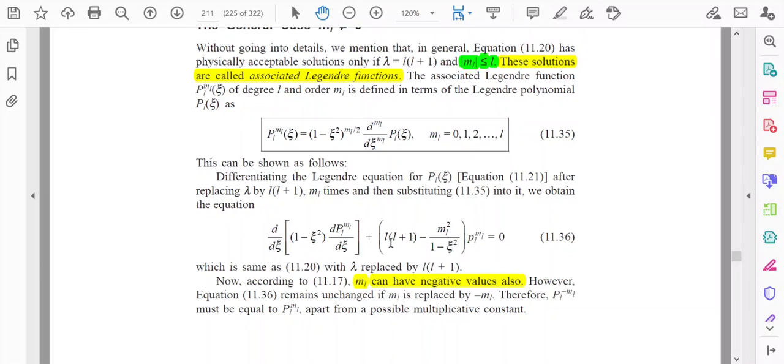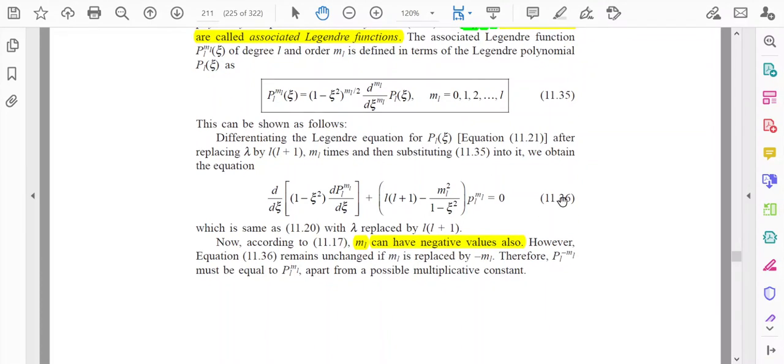We are using the results only, and we have already introduced the concept of associated Legendre function. So this is the associated Legendre function which is related to the Legendre polynomial by equation 11.35. So using this relation and the Legendre equation described in 11.20 and 11.21, we can establish another equation, that is 11.36, where we have replaced lambda with L into L plus 1.